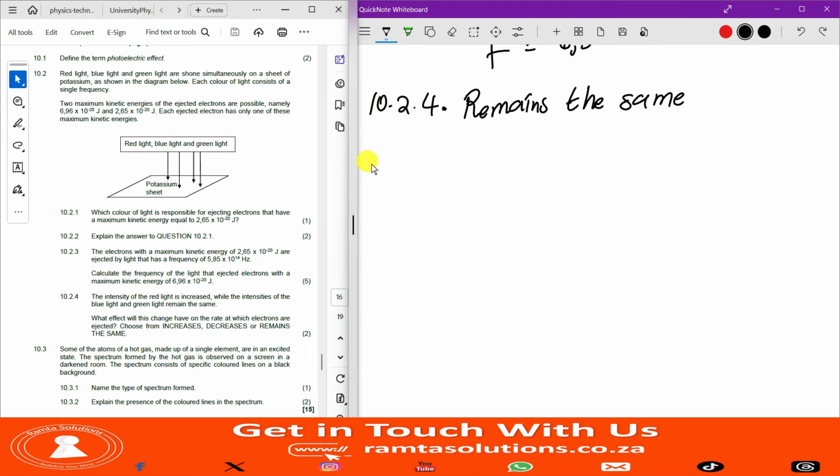Okay, perfect. Now 10.3, interesting part. Let's hear. Some of the atoms of a hot gas made up of a single element are in an excited state. The spectrum formed by a hot gas is observed on a screen in a darkened room. Guys, when we say darkened room, you should be having an idea.